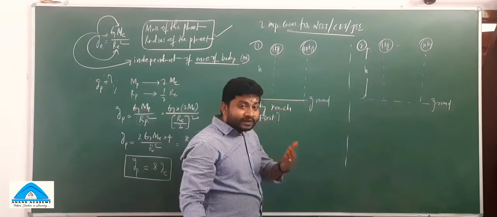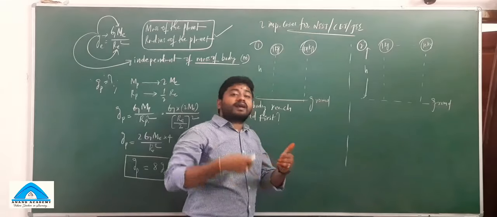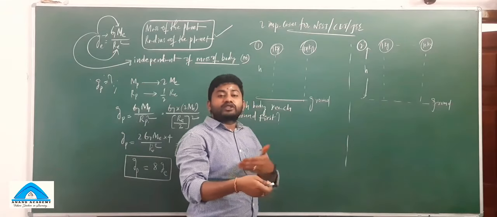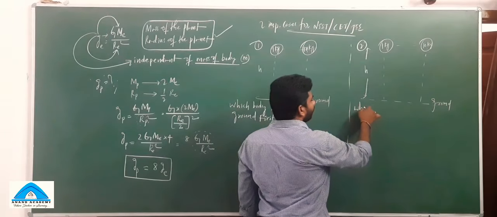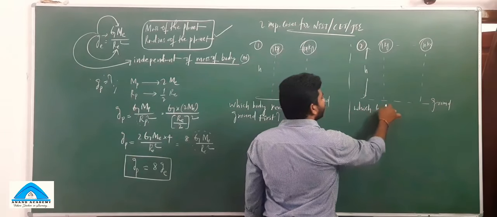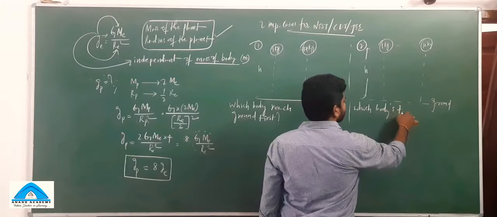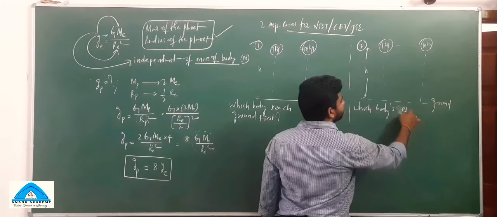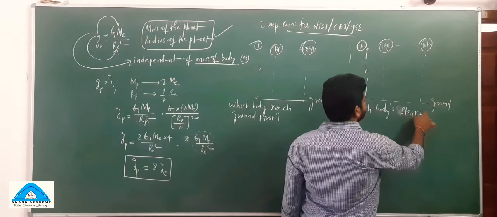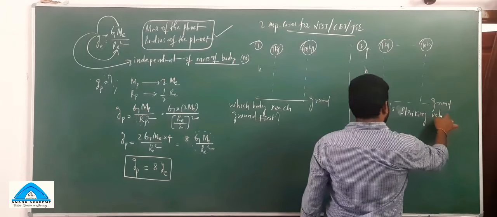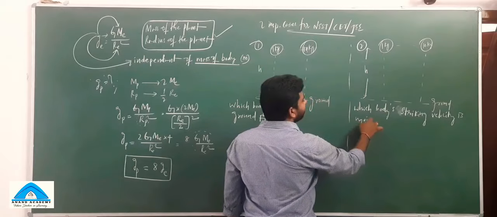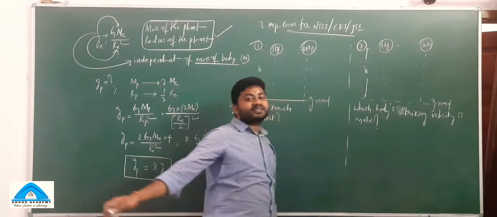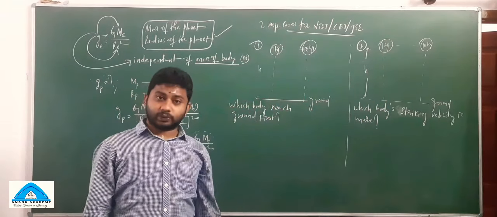The question is, which body will strike the ground with more velocity? Which body's striking velocity is more? I hope you understand the question. Let's concentrate on the first one.